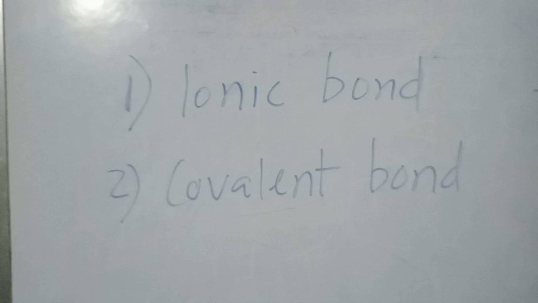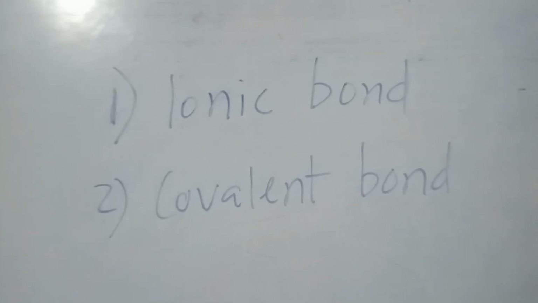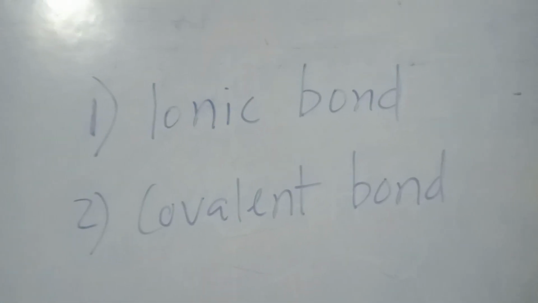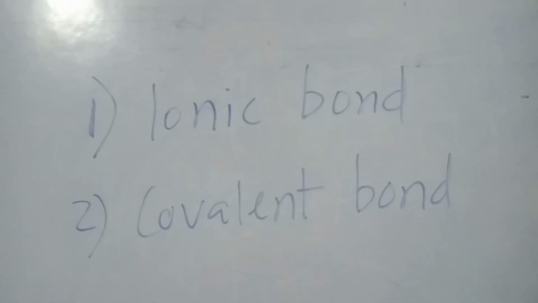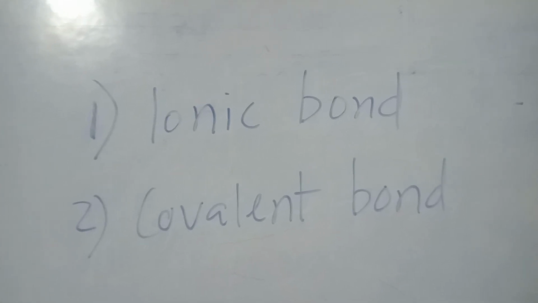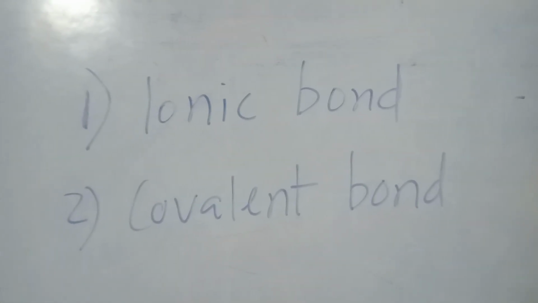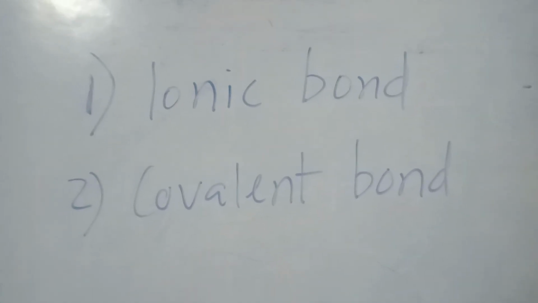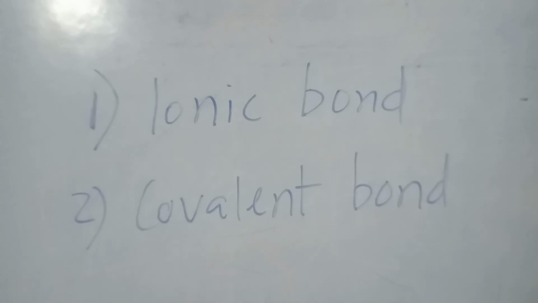So we have a little bit of idea about ionic bond and covalent bond. During one chemical reaction, the ionic bonds or the covalent bonds present in the reactants, meaning between the atoms of the reactants, break, and new bonds are formed between the same or different atoms to form the products.